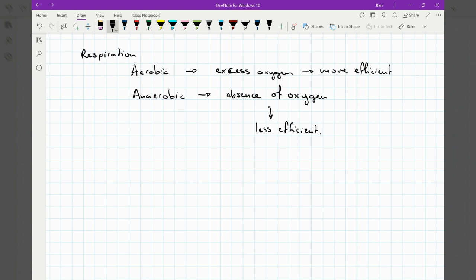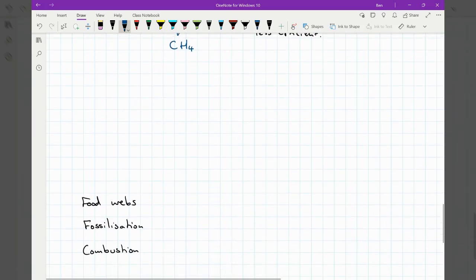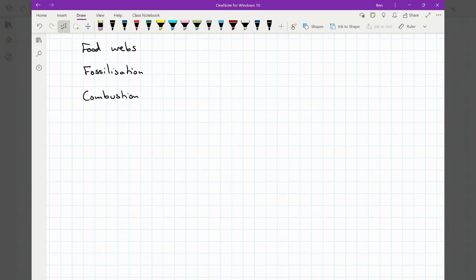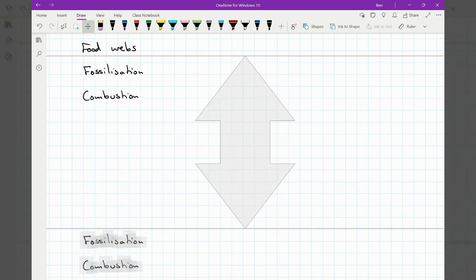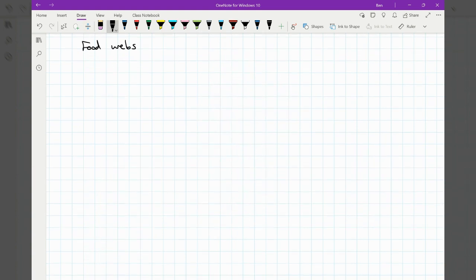And we find that aerobic respiration produces carbon dioxide as a waste product, which returns to the atmosphere. Anaerobic respiration returns methane, CH4, back to the atmosphere. Food webs are how this complex carbon captured by photosynthesis is transferred to different organisms.